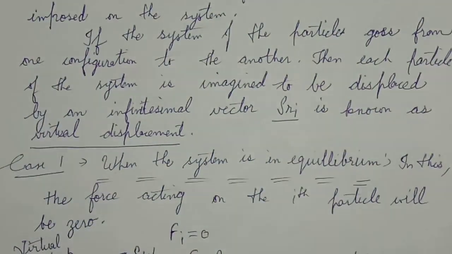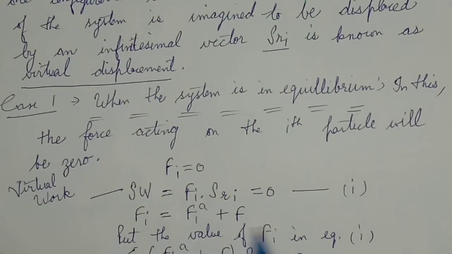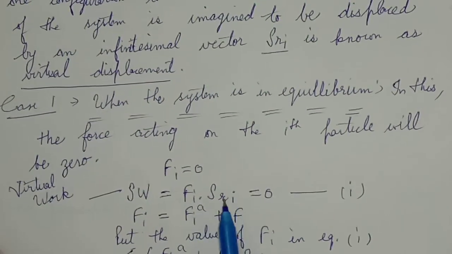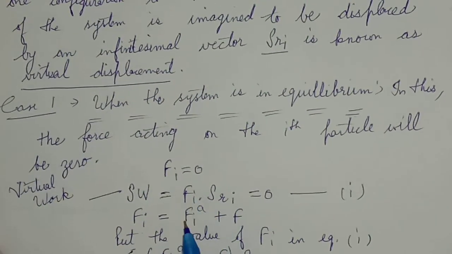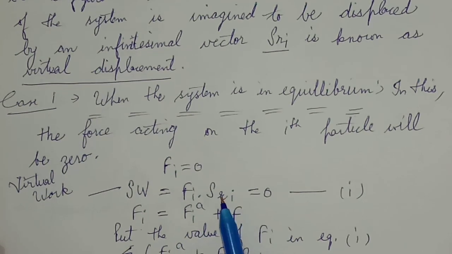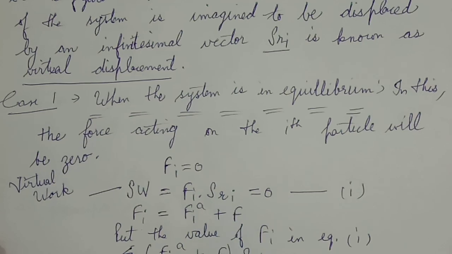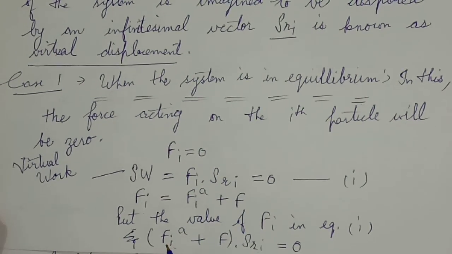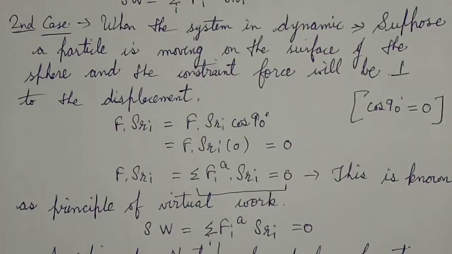So F_i equals 0. So virtual work, which is F_i dot delta r_i. F_i is our force, which is the sum of applied force and constraint force. So I put the value of F_i here. So we get summation i (F_i^a plus f_i) dot delta r_i is equal to 0.